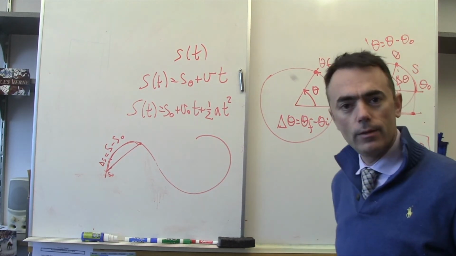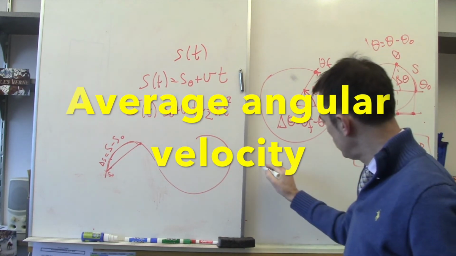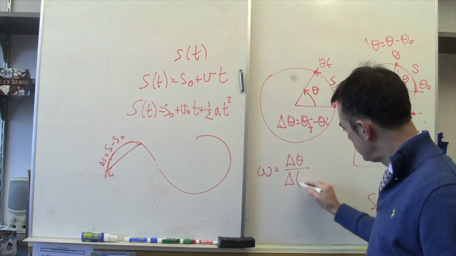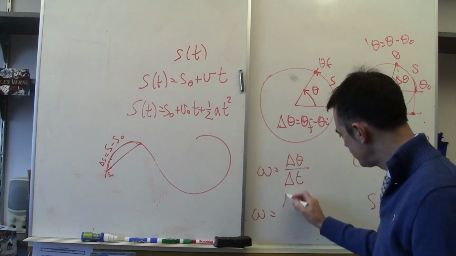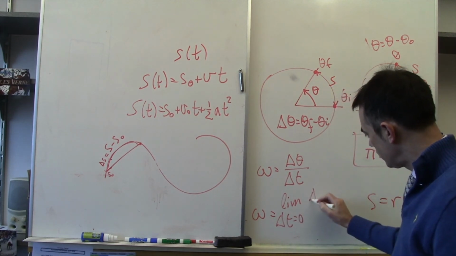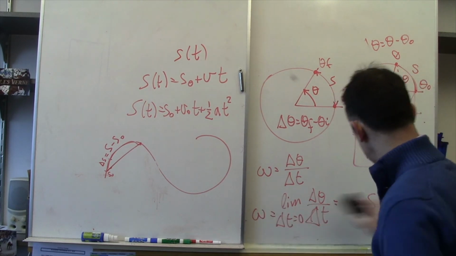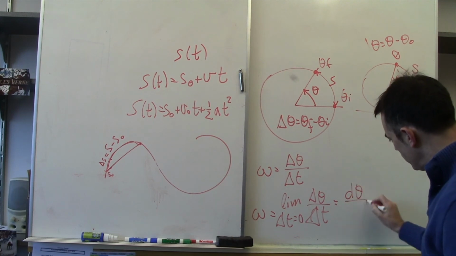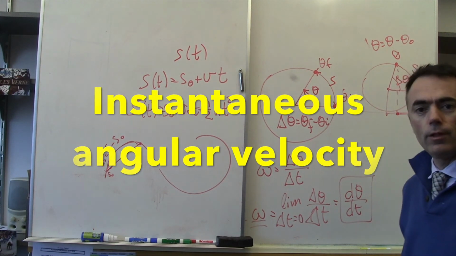Once we have defined the angular displacement, we can define the angular velocity omega as delta theta divided by delta t, and we can calculate the limit when delta t goes to 0 of delta theta divided by delta t, and that is just the derivative of the angle theta with respect to time. So that would be the angular velocity.